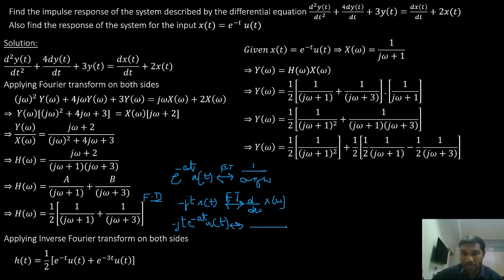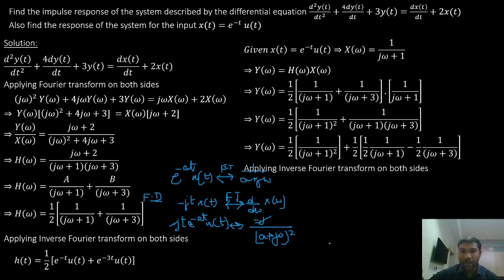That is nothing but, over (a plus j omega) square, in the numerator I have (a plus j omega) into the differentiation of 1, which is 0, minus 1 into the differentiation of (a plus j omega), which is j. Now minus j and minus j get cancelled. On the right hand side I have 1 by (a plus j omega) whole square, and on the left hand side I have t into e power minus at u of t.